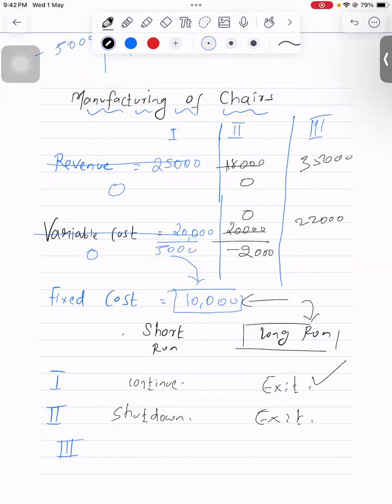Revenue 35, variable cost 22, fixed cost 10,000. Revenue is greater than total cost. So firm should continue to operate both in long run as well as in short run.